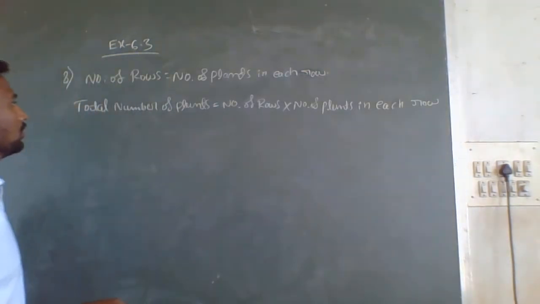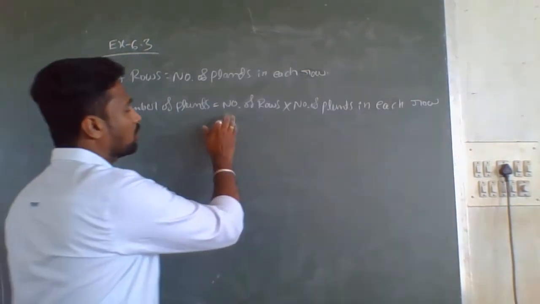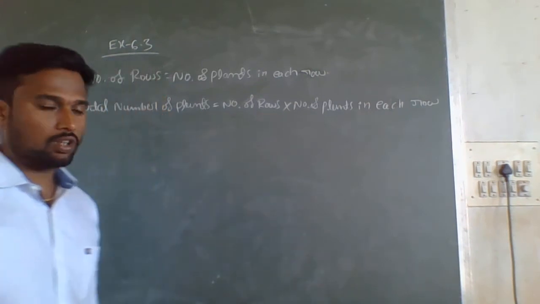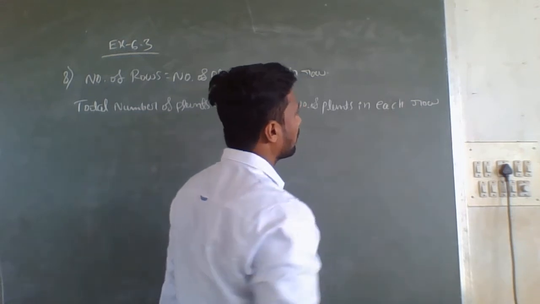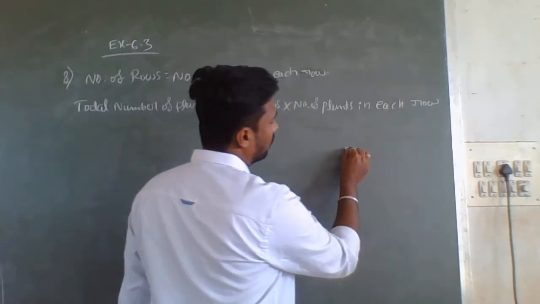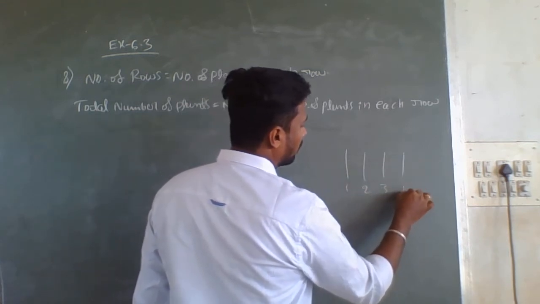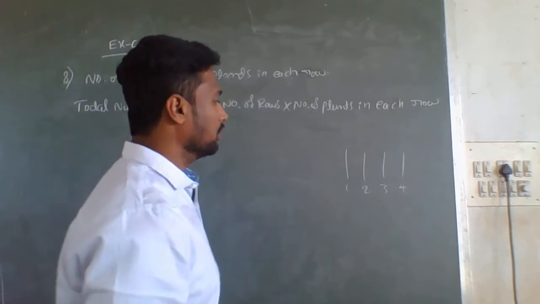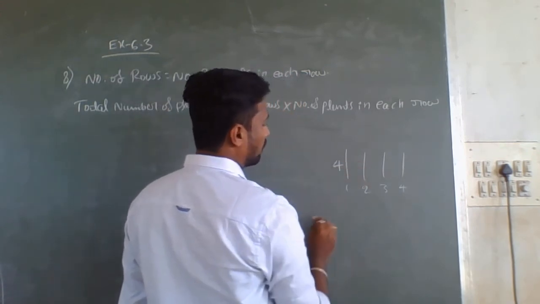So we know that the total number of plants always equals the number of rows into the number of plants in each row. Suppose, for example, consider 4 rows: 1, 2, 3, 4, and in each row there will be 4 plants.